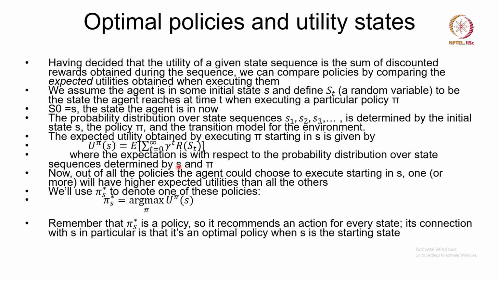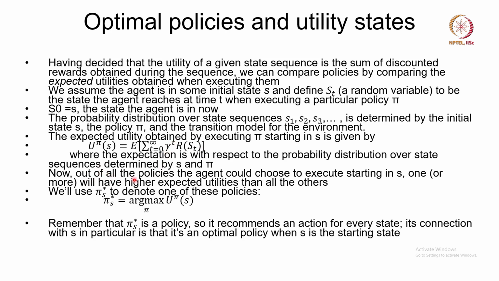Suppose we want to find the optimal policy, that is pi star. If we take the sequence S1, S2, S3, we find the utility of some policy pi as the expected value of this particular utility, which we have over here.